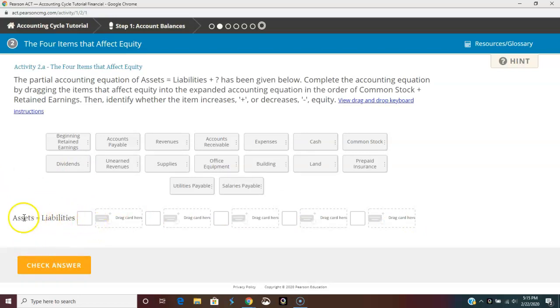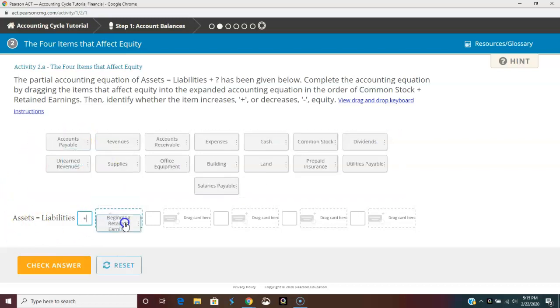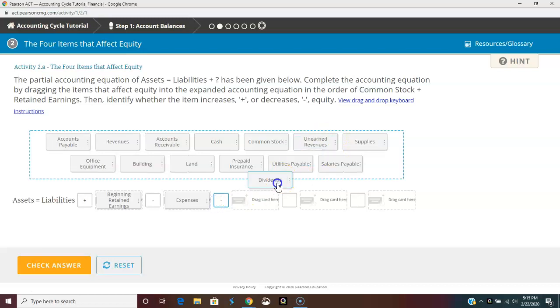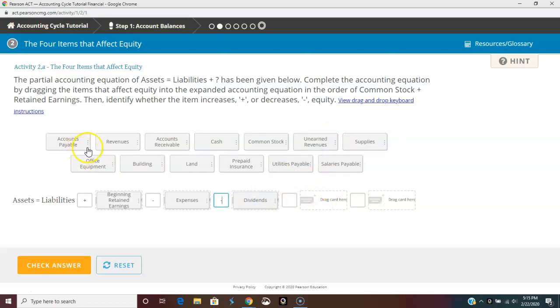So again, assets equal liabilities plus, and this is going to be equity. So we're going to fill in a plus, beginning retained earnings, minus expenses. I might be wrong with this too. Minus dividends, plus revenues.